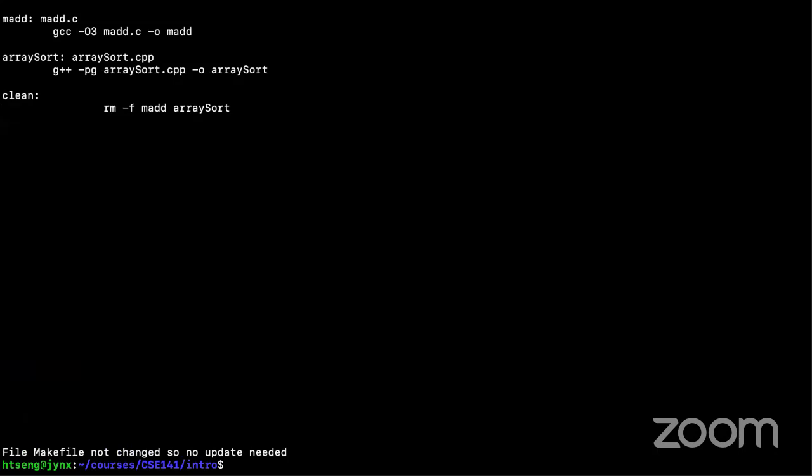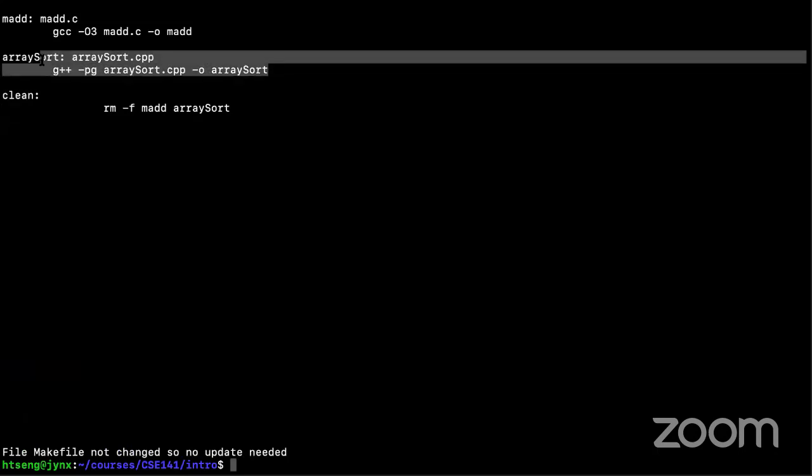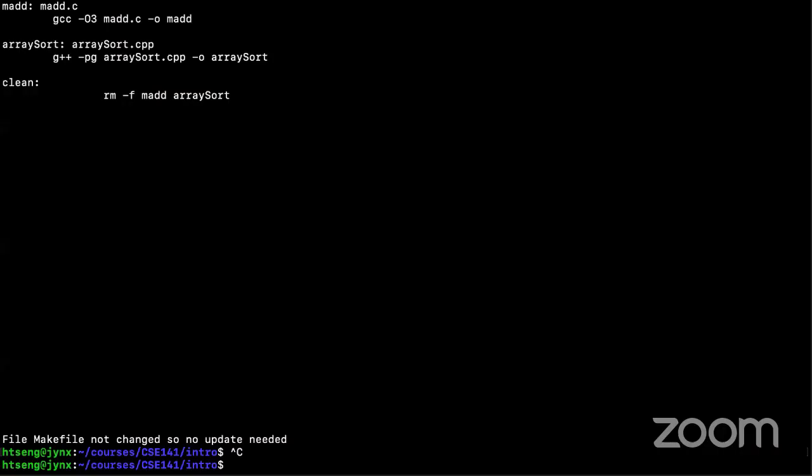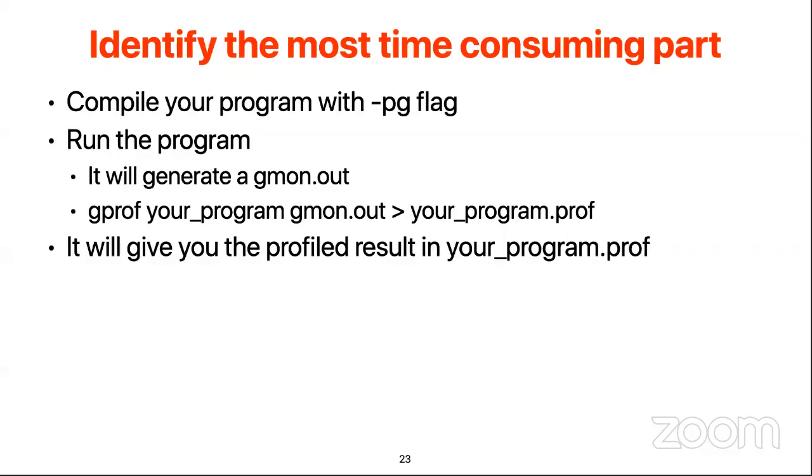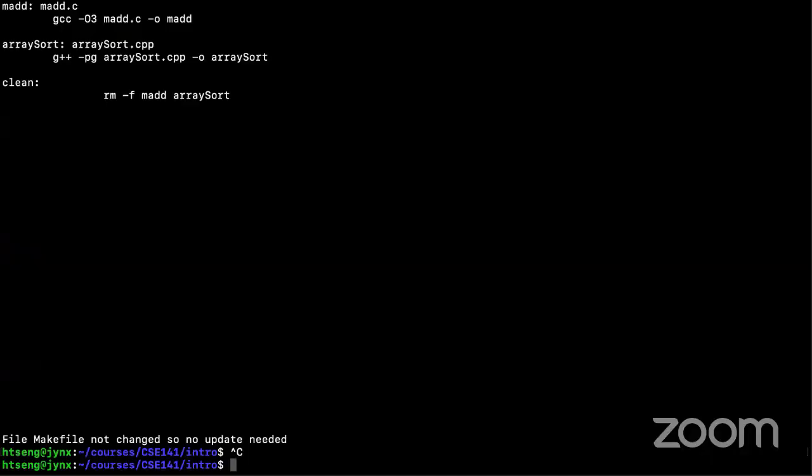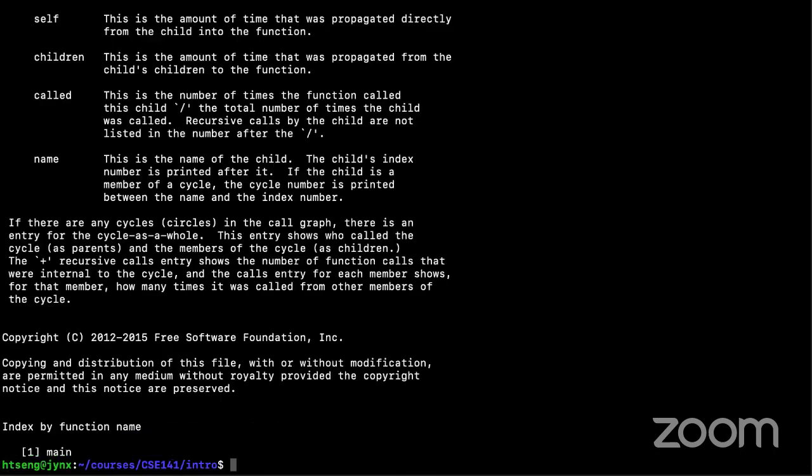For this program, you can see when I compile the array sort, I do have the -pg flag turned on. So when I run an instance of that, it also generates a profile in the meantime. By using gprof, your original program and the gmon.out generated from there, you can get an output.